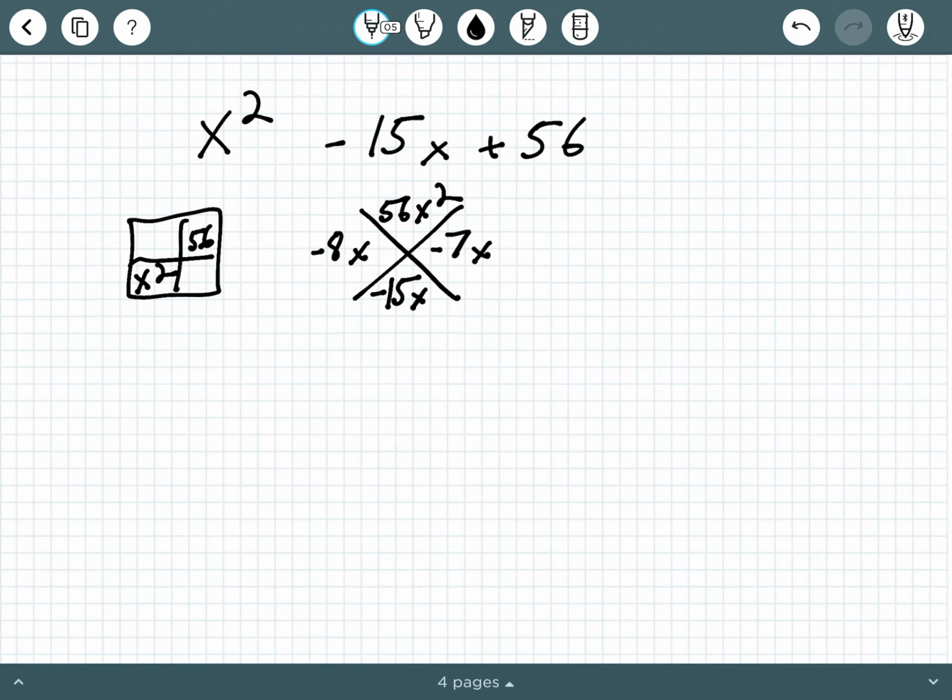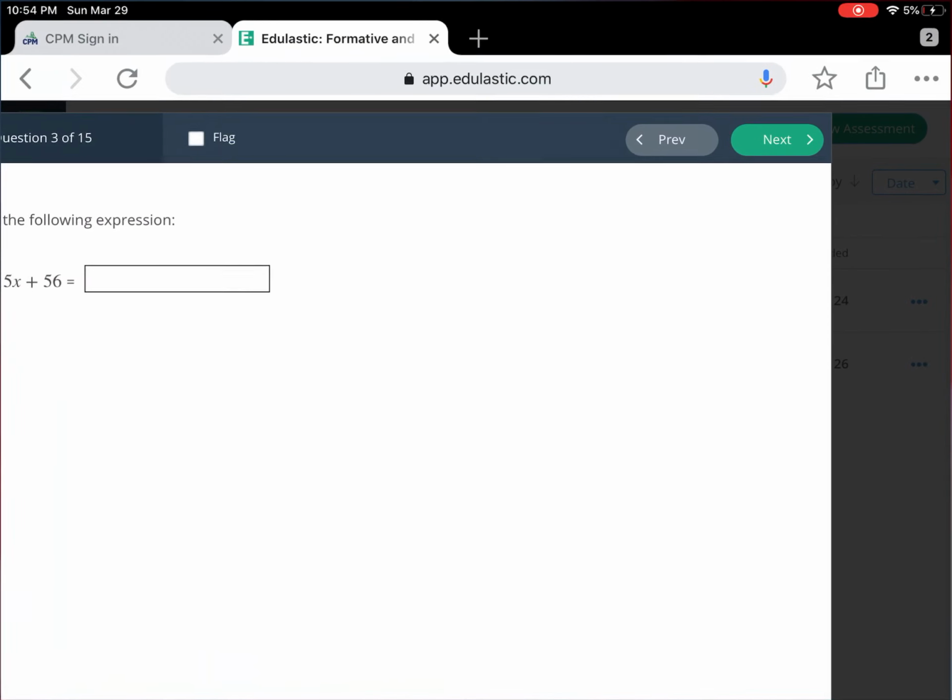So we've got what to plug in here, and then we just take out our greatest common factors again. That means we'll take out negative 8 and negative 7. Our factors are x minus 8 multiplied by x minus 7. And that's all we had to do for that problem. We didn't have to go further to solve.